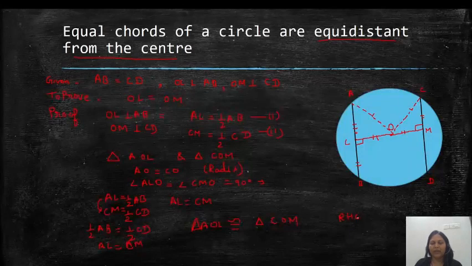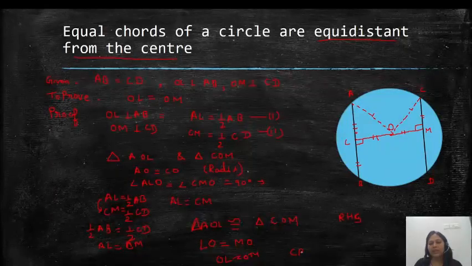So by RHS they are congruent. So we can say LO is equal to MO, or as I had taken in the proof, OL is equal to OM, and that is by CPCT. So finally, hence proved.